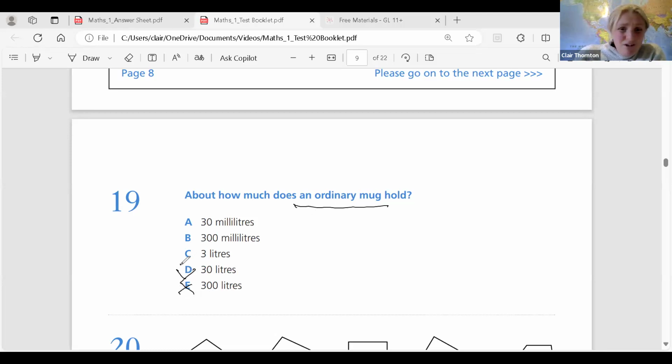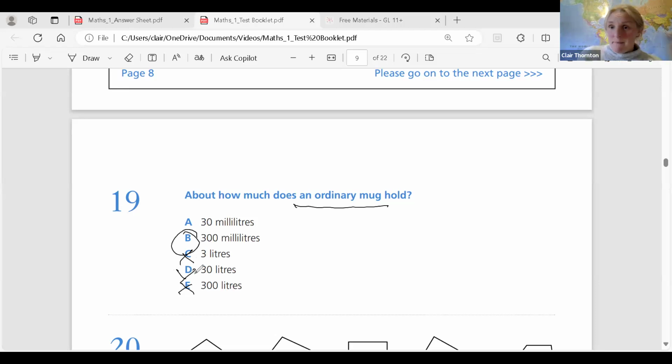I don't think 30 litres or even 3 litres, okay? So you've gone through them. So now when you're looking at them, think, well, 30 millilitres, if I know there's 1,000 millilitres in 1 litre, that's only going to be a tiny amount. So probably my best answer would be B.